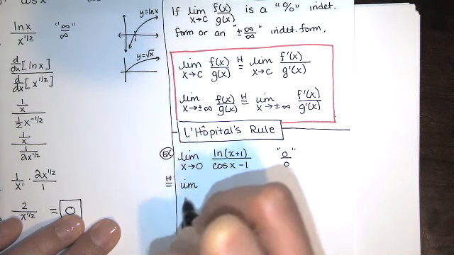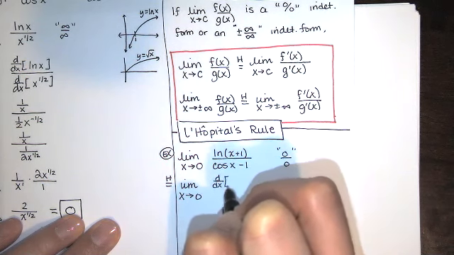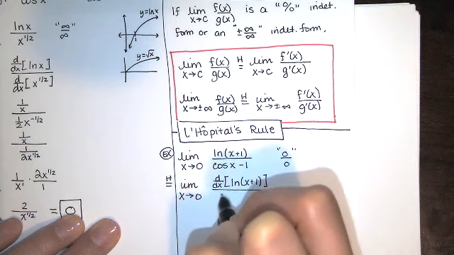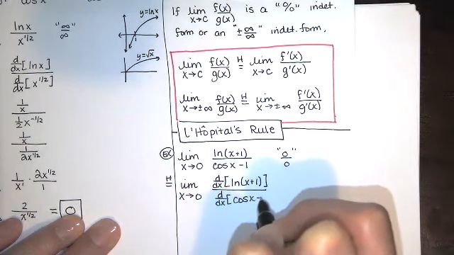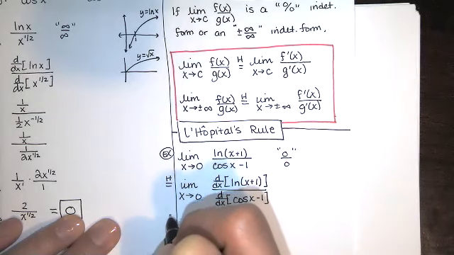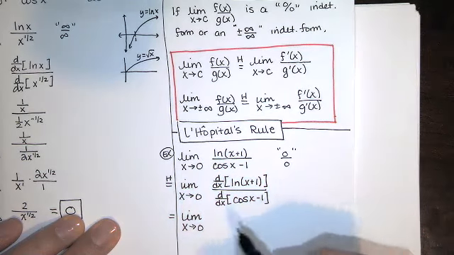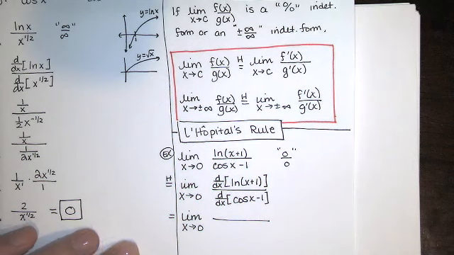You can evaluate that limit using L'Hôpital's Rule. You take the derivative of the numerator and the derivative of the denominator and divide. The derivative of the numerator requires the chain rule because I've got that x plus 1 inside my log function.